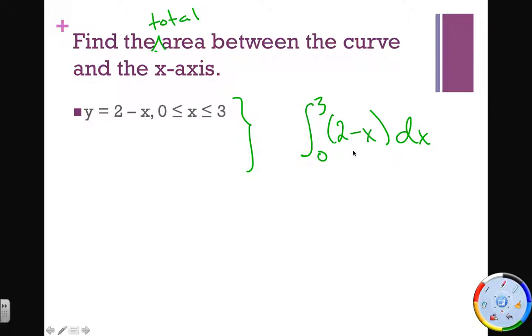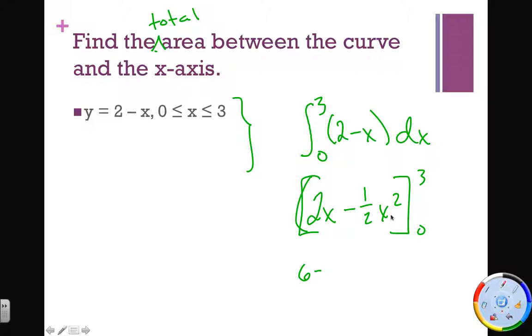I could say, okay, the antiderivative of 2 minus x is going to be 2x minus 1/2 x squared, evaluated from 0 to 3. Well, in this case, I plug in 3, I get 6 minus 9/2, minus 0 minus 0.